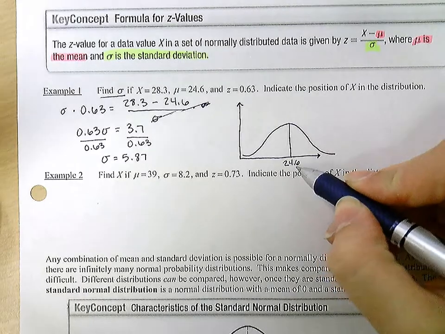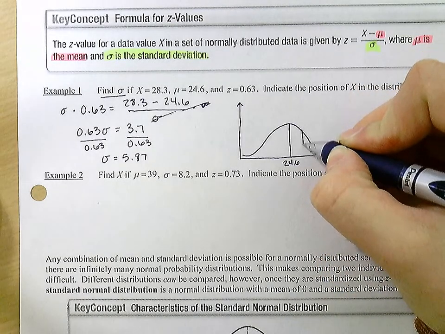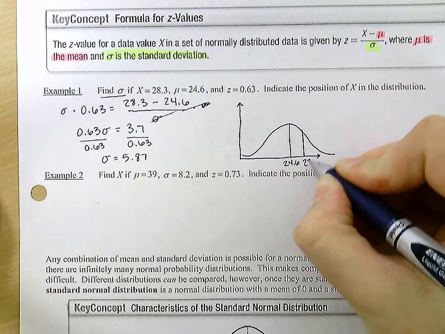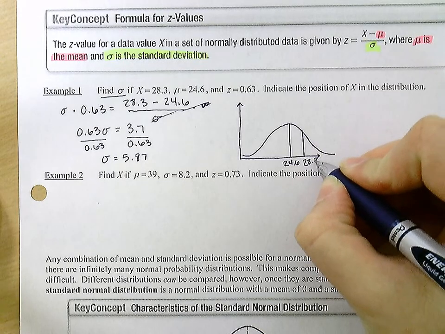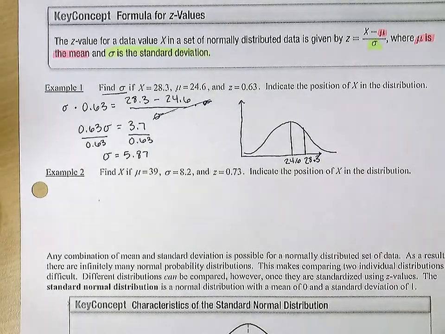That's greater than 24.6, so it would be somewhere over here, at 28.3.